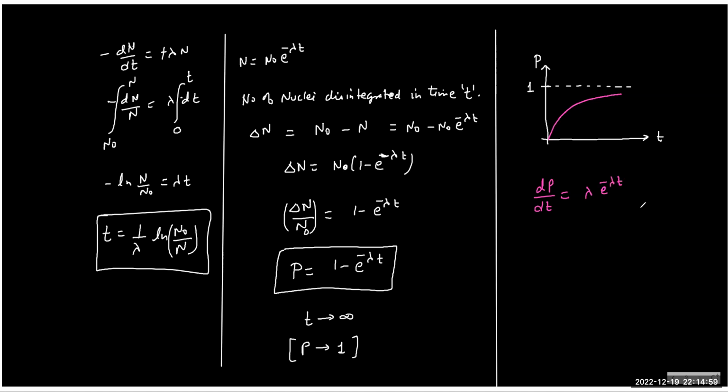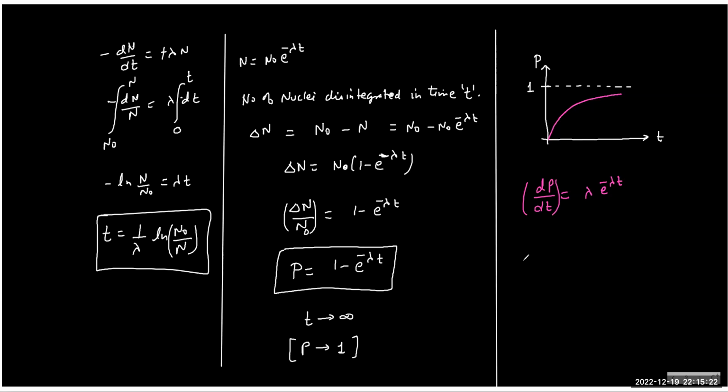Lambda e power minus lambda t, right? So this is the rate of probability, and at t equals 0, what is the answer? At t equals 0, if you put 0, you get lambda, right?